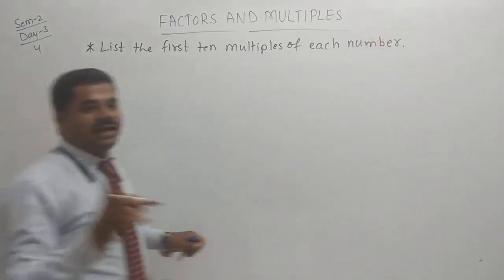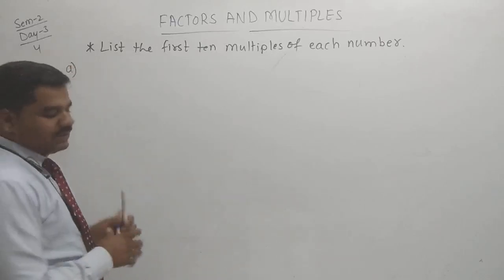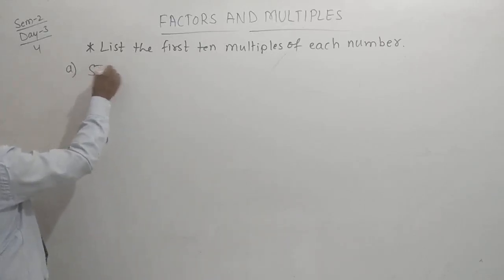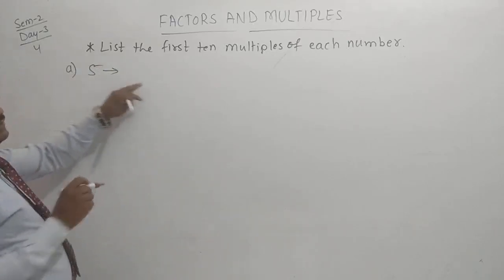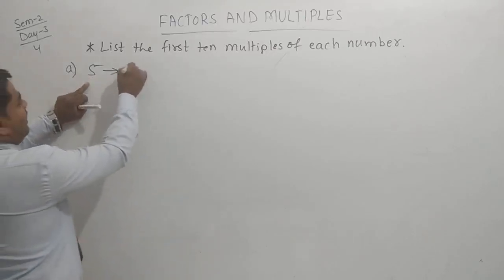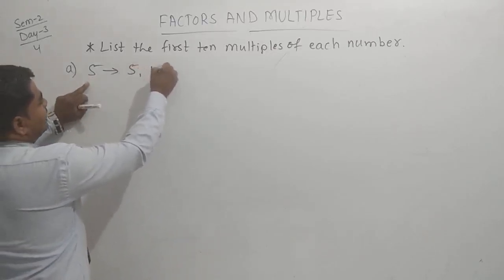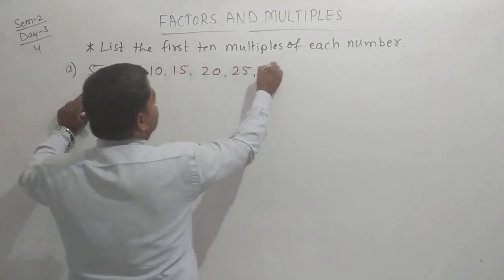You should multiply a number with 1 to 10. First one, 5. List the first 10 multiples of 5. It's just the 5 table only. Don't worry, write fast. The number itself is a multiple of the number. Itself is a multiple, so first 5, then 10, 15, 20, 25, 30.